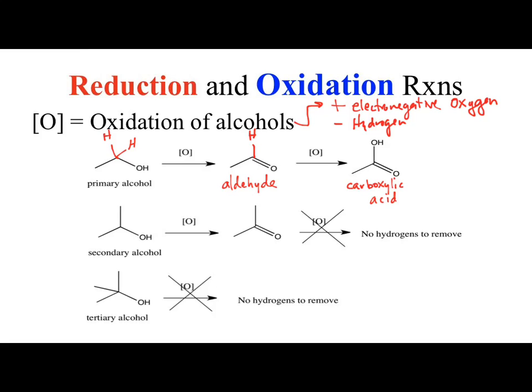When we move to the secondary alcohol, we still have that one implied hydrogen there. So we can go ahead and try and oxidize it. As we oxidize it once, we remove that hydrogen and we increase the number of oxygen bonds, and we're left with what functional group?